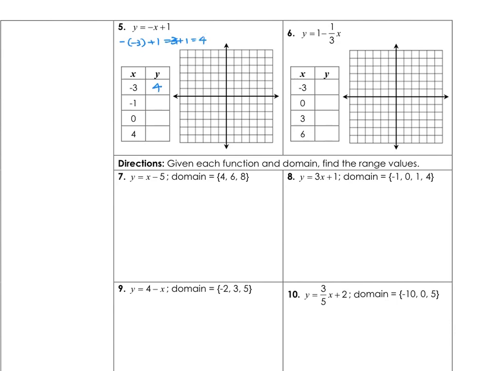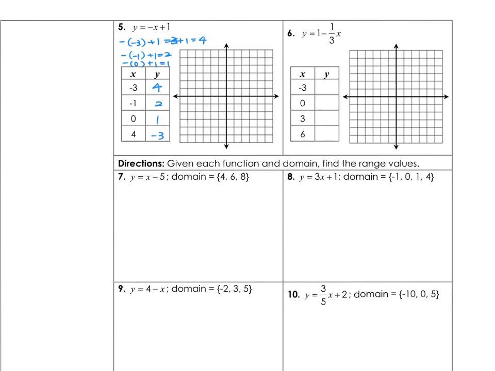Now, same thing, let's do -1. So negative x, what is my x? It's -1. Plug it in, I should have 2. For 0, plug it in, I should have 1. So if I plug in 4, it becomes -4 plus 1, which is -3.